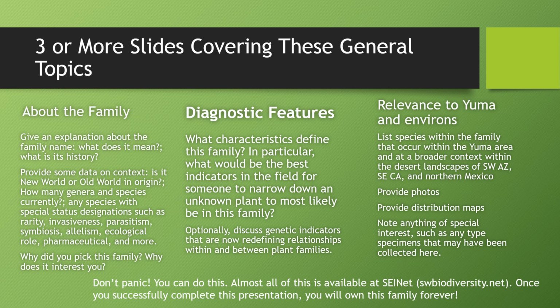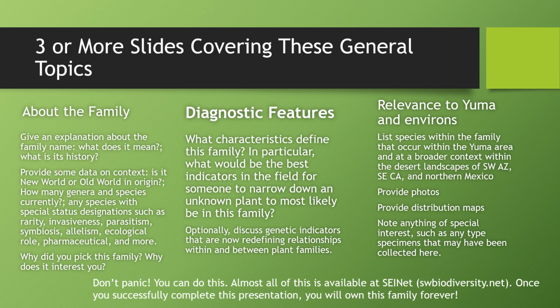I think the distribution maps, all of these 3 things here in relevance are things that are readily available on SEINet. And we'd be happy to help you upload any of that information to help you in your talk. Okay, so distribution. And then take a species or 2, some individuals that you think we'd want to know more about, that you thought was special.